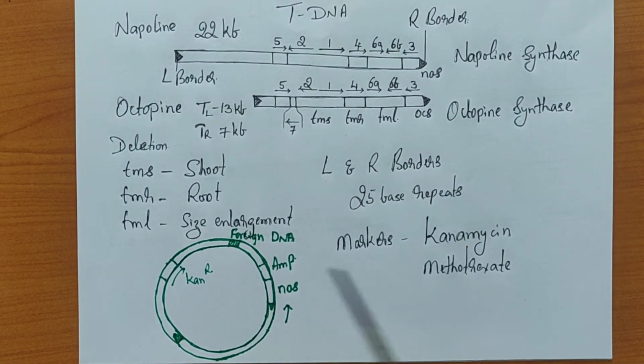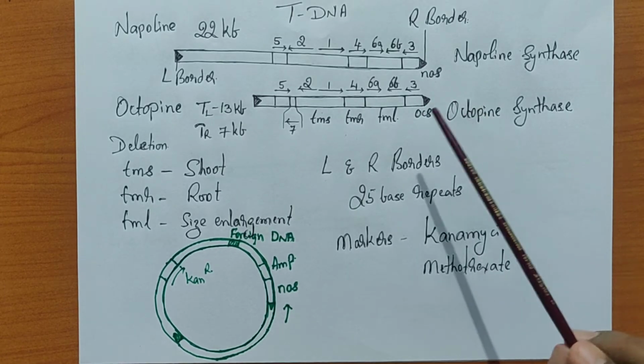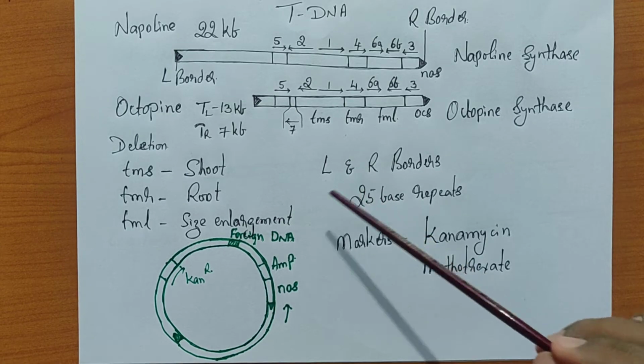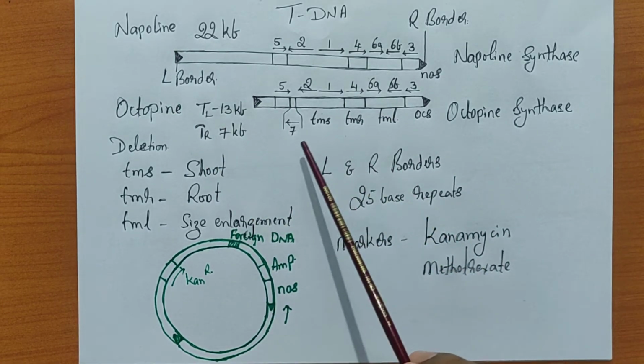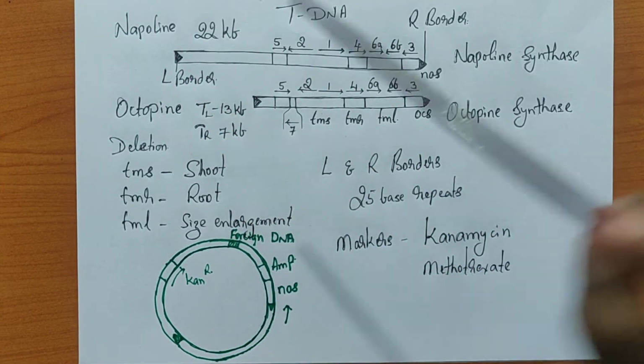So this is the overall understanding of a Ti plasmid from Agrobacterium tumefaciens, and the tDNA is important. Many transcripts are important, TMS, TML, TMR, but these border sequences are very, very important.